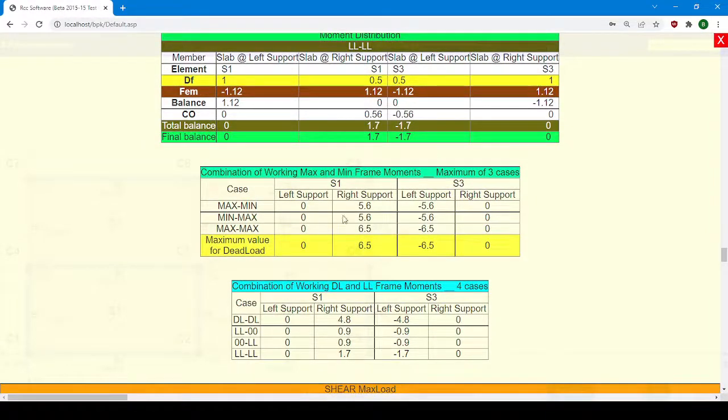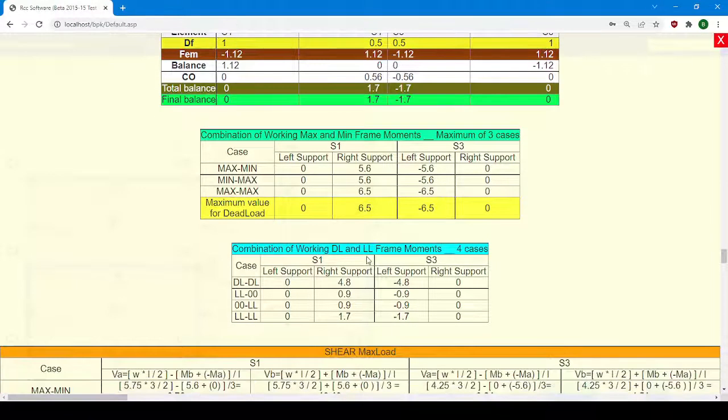Here we got the working max and min frame moments. At the left support it is 0, at the right support it is 5.6, which is continuous. For slab S3, the left support is minus 5.6 and the right support is 0. Same way for min max and for max max. We are considering the maximum value of these two, 6.5 and 6.5.